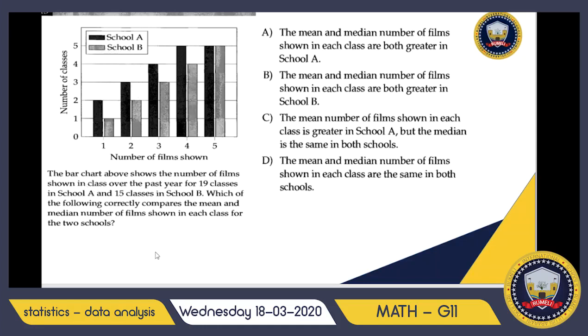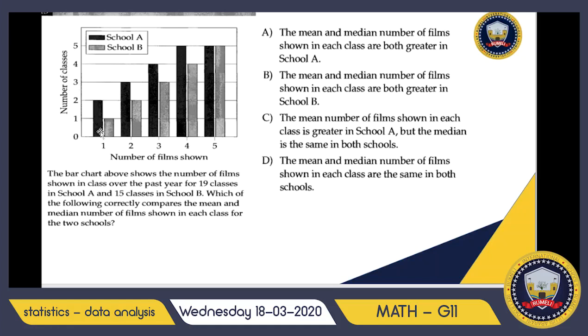The bar chart above shows the number of films shown in a class over the past year for classes in A and B. In A we have 19 classes and in B we have 15 classes. It's asking which one of the following compares the mean and the median number of films shown in each class for each of these schools.